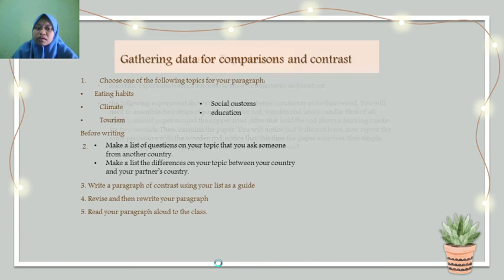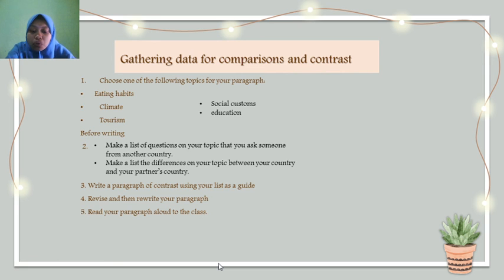Right, and the last, gathering data for comparisons and contrast. First, choose one of the following topics for your paragraph, such as eating habits, climate, tourism, social customs, education. Second, before writing, make a list of questions on your topic that you ask someone from another country, and make a list of the differences on your topic between your country and your partner's country.